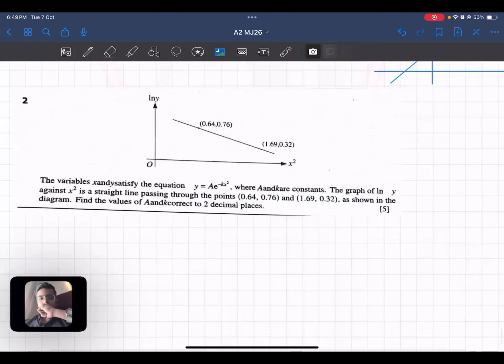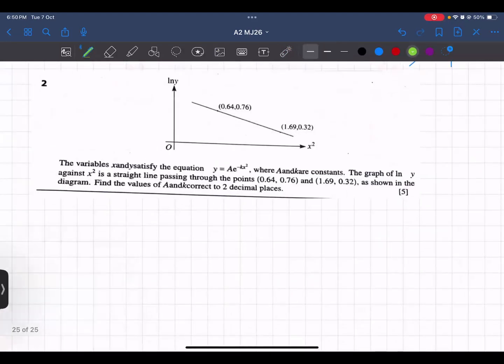So in this example, the actual equation is y is equal to capital A, which is unknown, e to the minus k x squared. And they have linearized it. Look, the graph is given for the same equation.